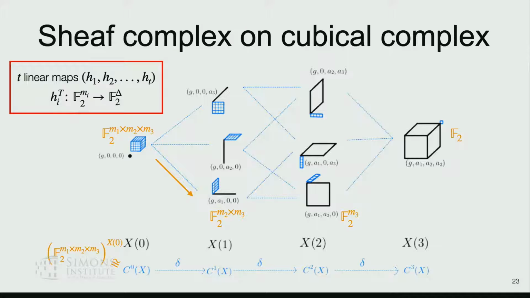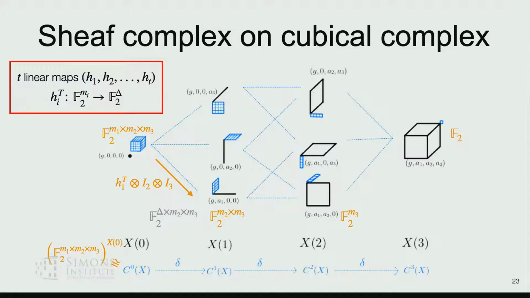For the linear map, we'll use these local codes. These h1 to ht correspond to the t directions, and we'll apply the map that corresponds to the direction of this geometric relation. For example, this horizontal edge is the first direction, so we'll apply this h1 map.